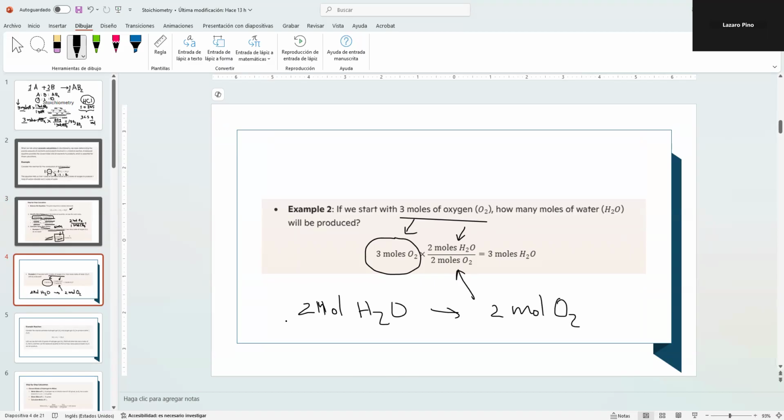Then the ratio is 2 to 2. That's why I use this conversion factor here in such a way that I can cancel this with this, and then what you get? What you are asked for, moles of water. 3 times 2 divided by 2 give you 3 moles of water.